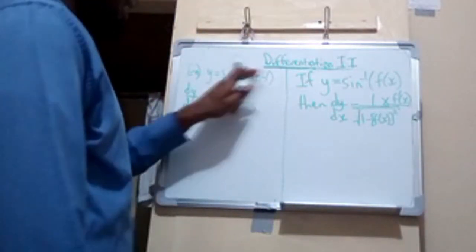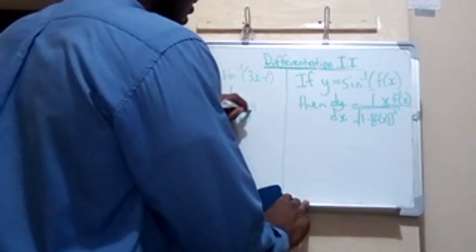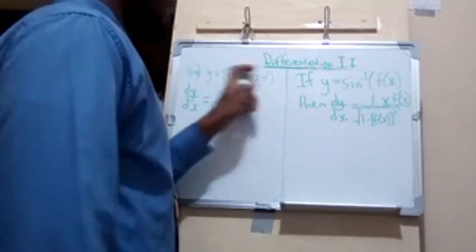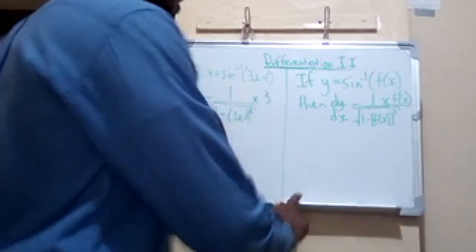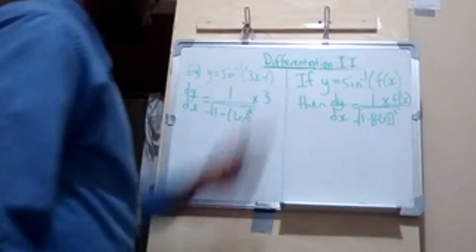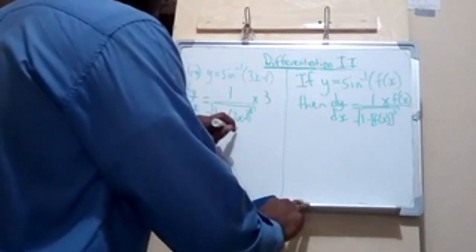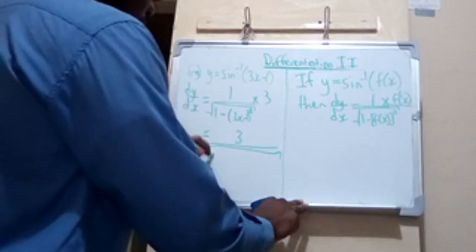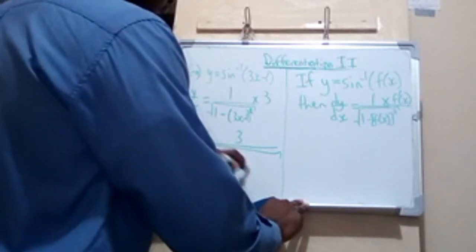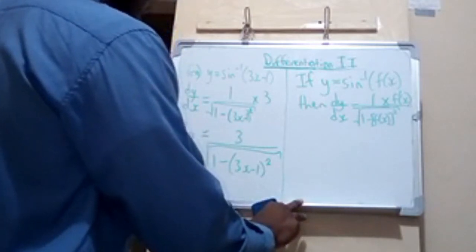Here f of x is 3x minus 1, so it is 1 minus 3x minus 1 squared. Now f prime of x is 3, because the differential of 3x minus 1 is 3. So the final answer is 1 times 3, which is 3, over the square root of 1 minus 3x minus 1 all squared. That's your dy by dx.